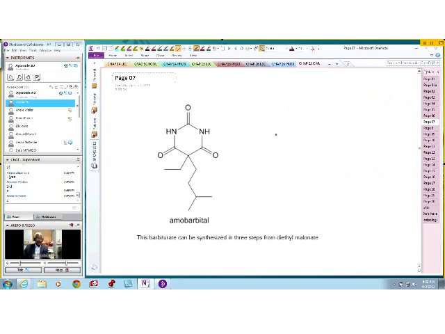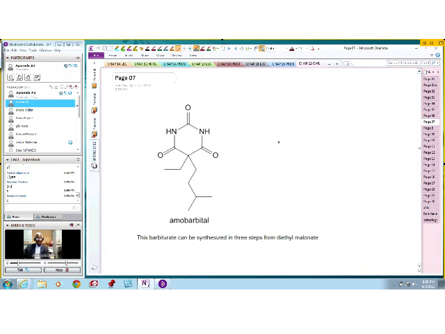We will do this in class tomorrow. By the way, this particular molecule here is called barbital. It's one of those pharmaceutical drugs. Before we get to class tomorrow, when you go home tonight, take a look at this molecule.